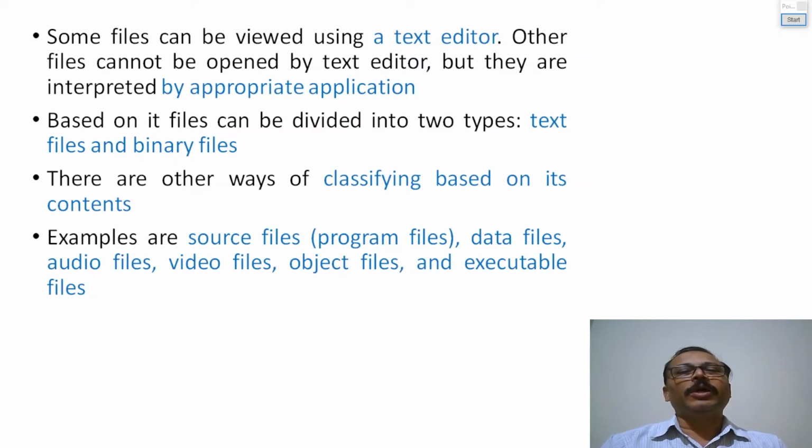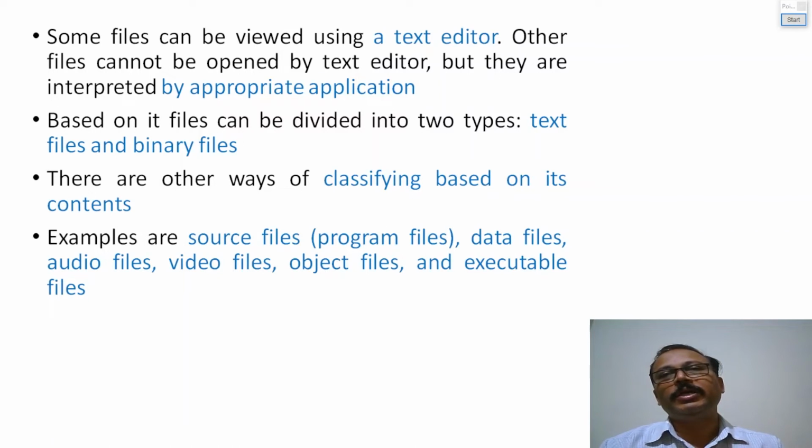But we are more interested in the broad classification, classifying into text file and binary file. A text file contains text data, in the sense that you can open the file and view its content in text form. Whereas in a binary file, the data is stored in terms of ones and zeros, but you don't actually see ones and zeros.